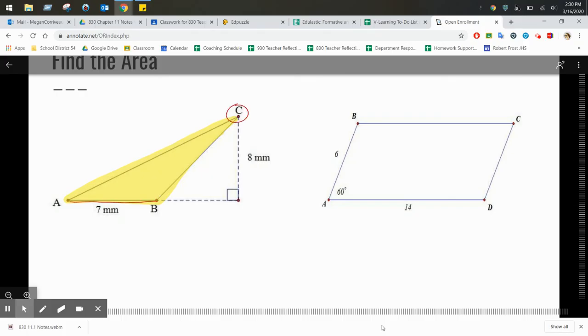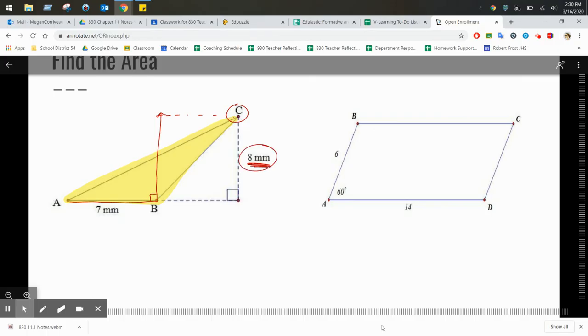And I want to figure out at a right angle, how high up does point C go? So that would be like right here, right? At a right angle. Well, that's exactly what they're showing you right here, this 8 millimeters. 8 millimeters is how high up point C is away from side AB at a right angle.